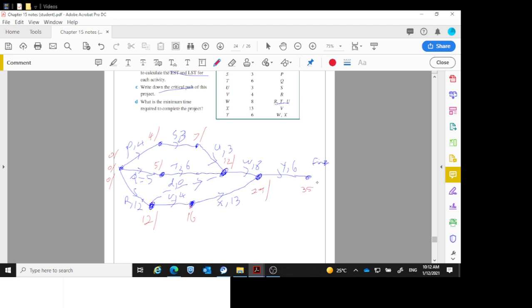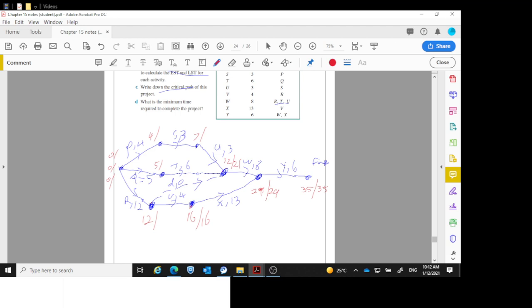Okay, 35 is there. 35 going backwards, 35 minus 6 is 29. 29 minus 8 is 21. 29 minus 13, 16.